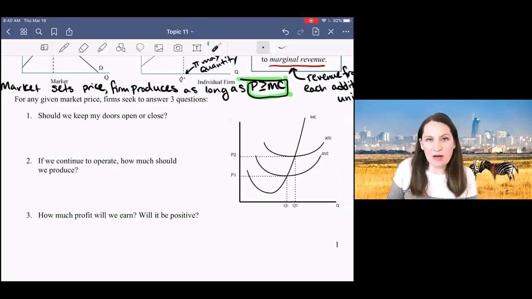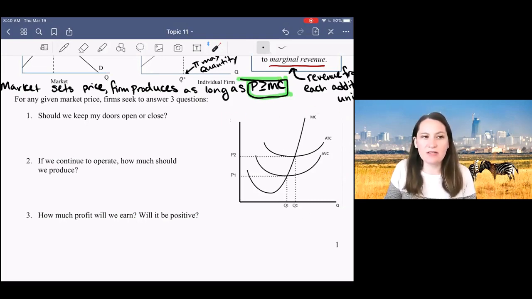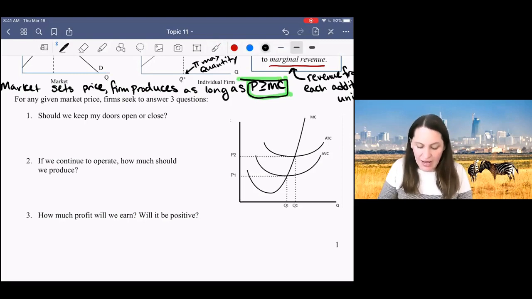We've defined these three cost concepts to help us understand how firms answer three basic questions about their operation: when they should open versus close in the short run, how much they should produce, and how much profit they're going to earn. Let's start with the first question. How do we know whether or not a firm should stay open or close in the short run?